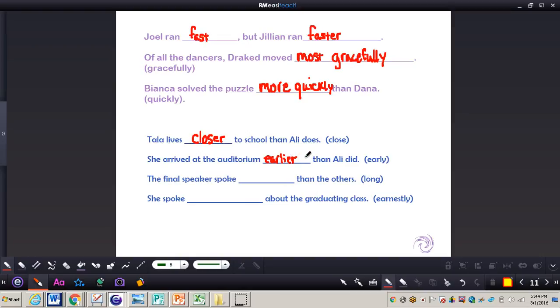So earlier modifying arrived. The final speaker spoke longer than the others. And then finally, she spoke more earnestly about the graduating class. And we'll just write more here, and then earnestly underneath.